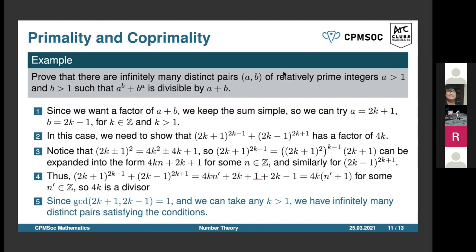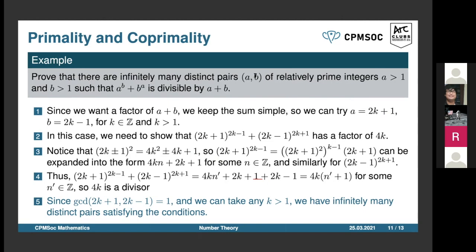Does any prime A, B work? So if you took just any relatively prime numbers, are you talking? So if both A and B are prime, I don't believe it works in general.